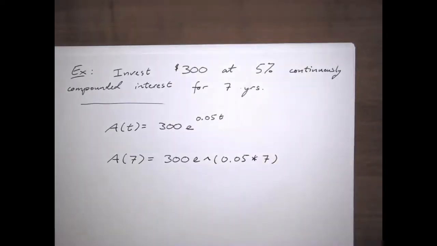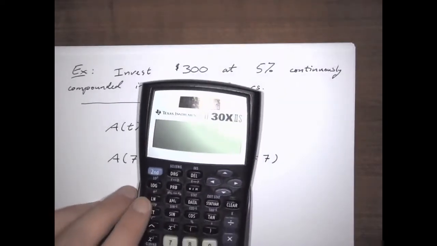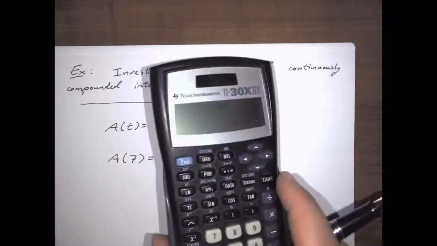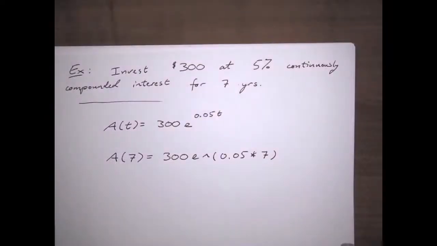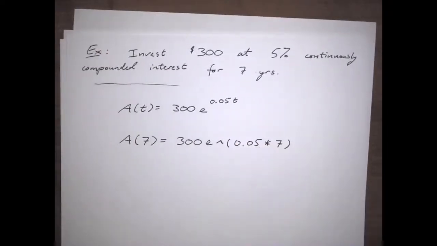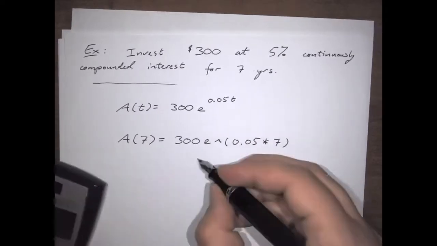Now, on any scientific calculator, you can find the e, and it will look like e to the x. So let me zoom in on that if I can. E to the x is what it will look like. Right here, it usually shares a button with ln, which you'll see why later on in this class, a couple weeks from now. But it's the same. So it's e to the x.